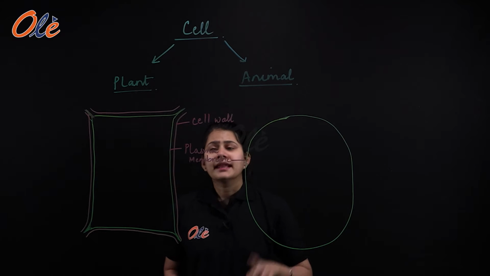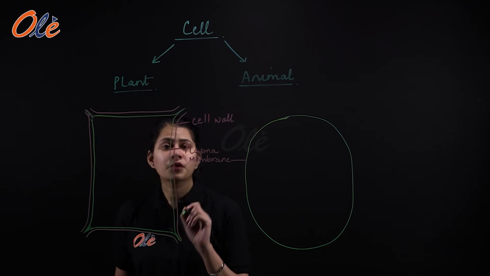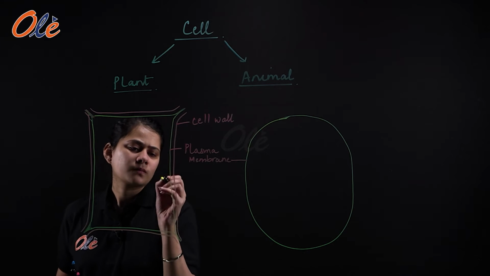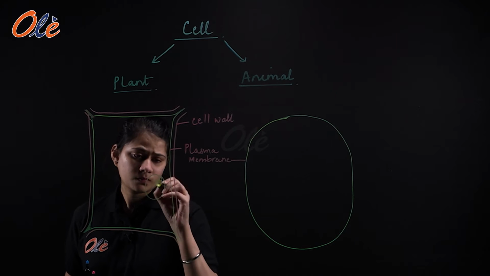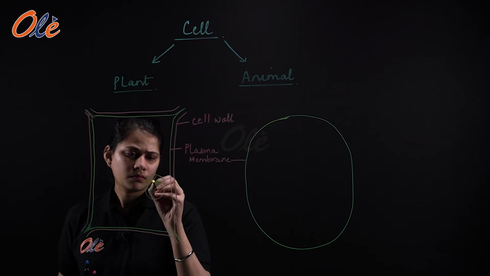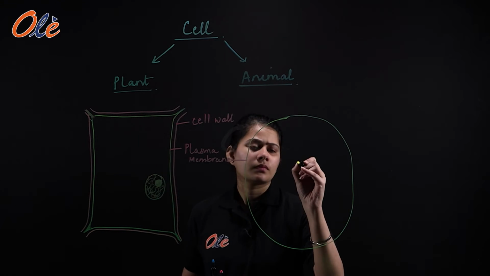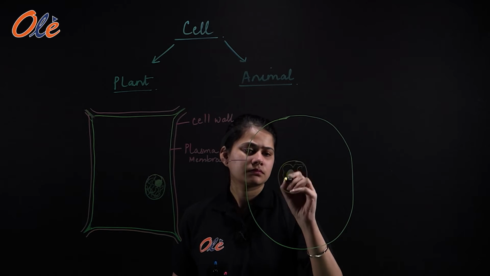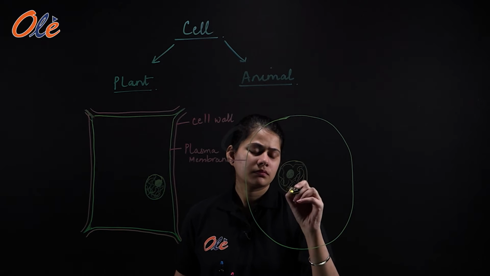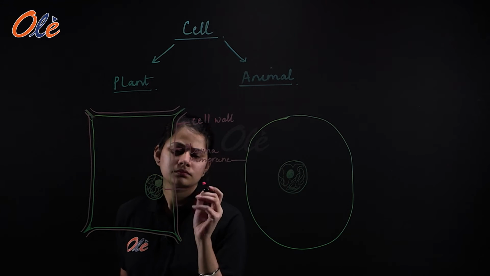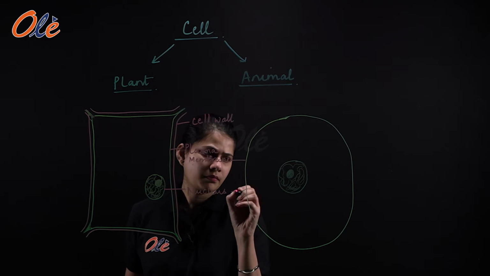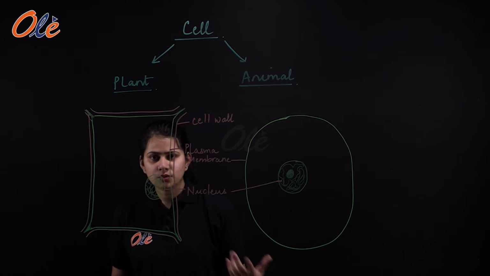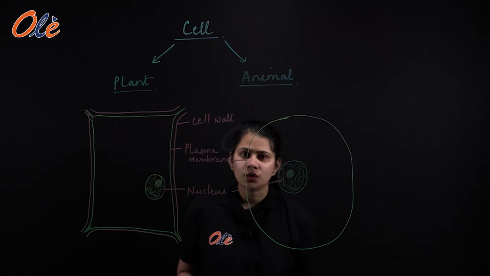Right? Okay, then we come to the nucleus. Both the plant and the animal cell have the nucleus, right? So let's draw that. Alright, inside the nucleus, as you can see, there's a dense body which is known as the nucleolus, and there's the thread-like network which is called chromatin.